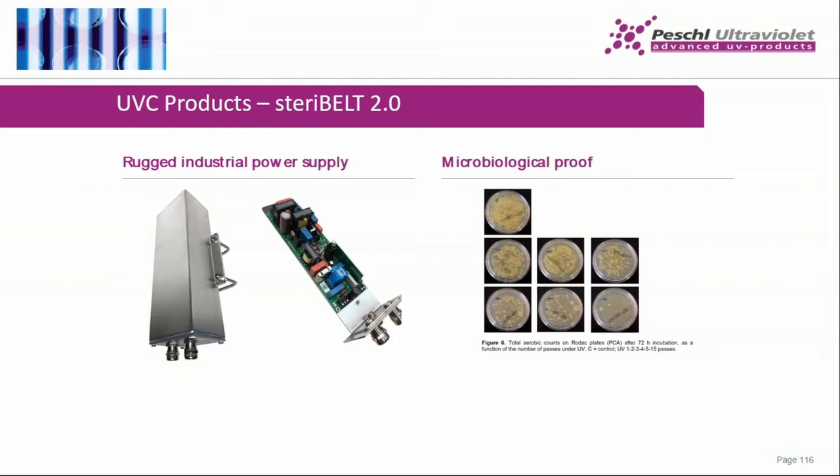So the rough industrial power supply takes care of the cover of the electronic inside our module. So this is a really rough design. We have a membrane where the condensed water can go outside, and it's really good to use this for covering the electronic part of the UV lamp.